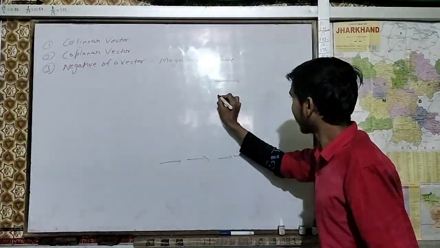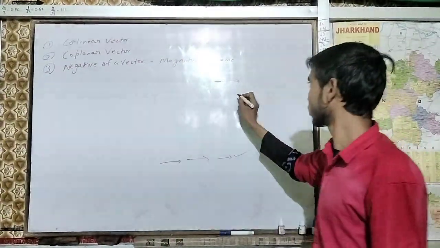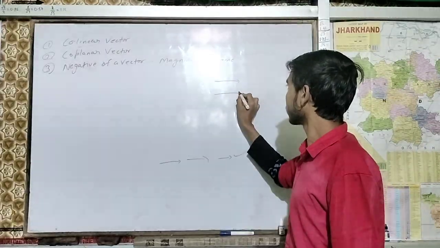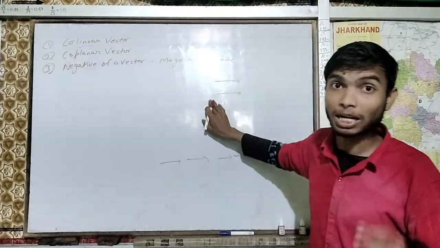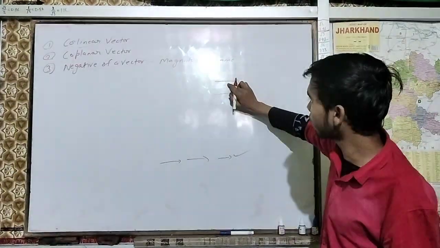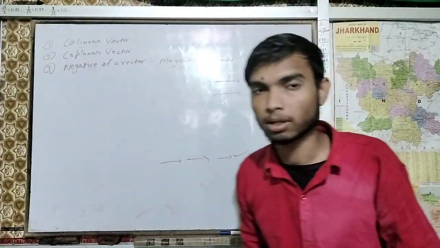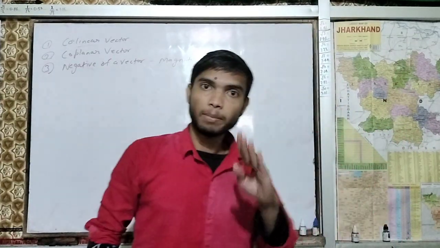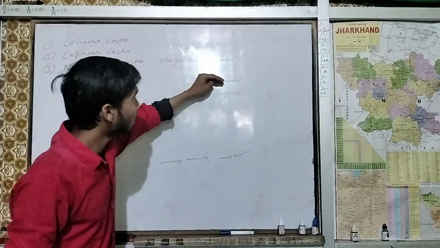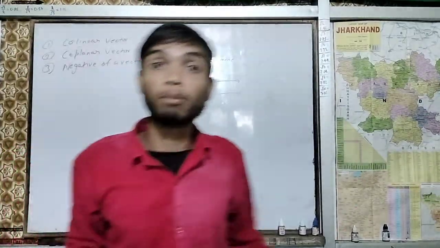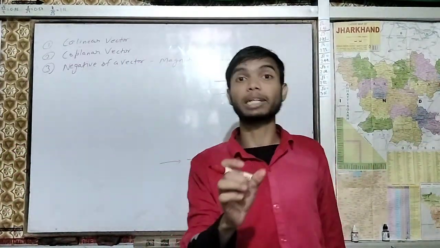So you will have to take one more, whose magnitude is the same. So the magnitude of this and this are both the same. But the main thing is that the direction will be opposite because of the negative.